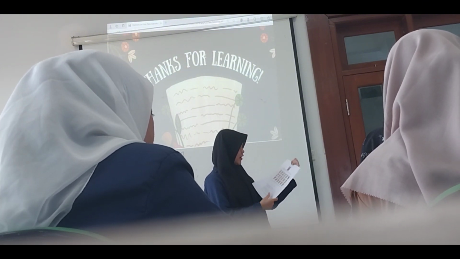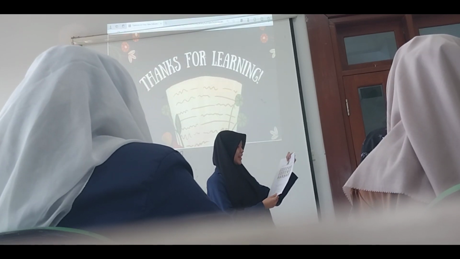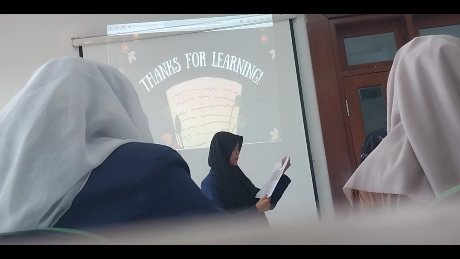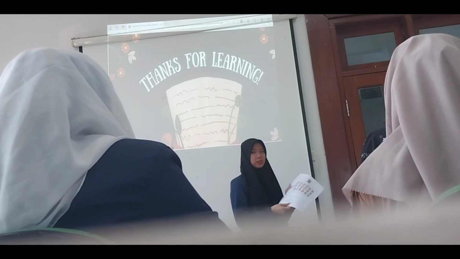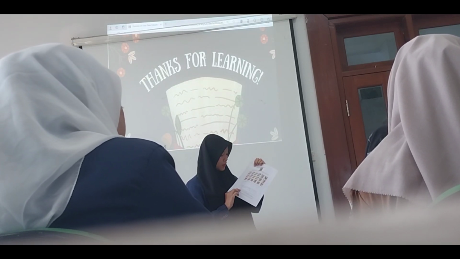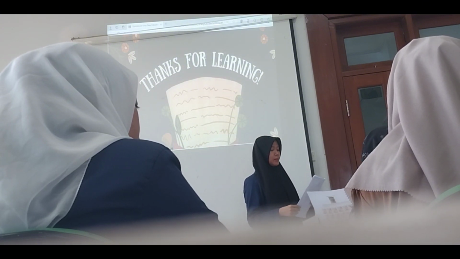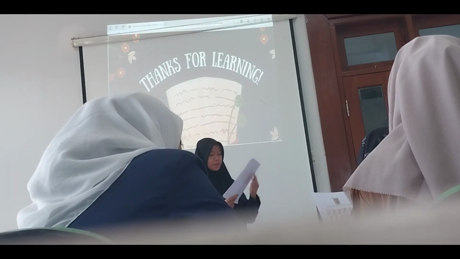Okay. Now the second task. After completing the task above, fill in the materials needed to make the paper flower according to the picture. So you have to list all of the materials that are needed in the process of making the paper flower. You have to do it in pair, right?